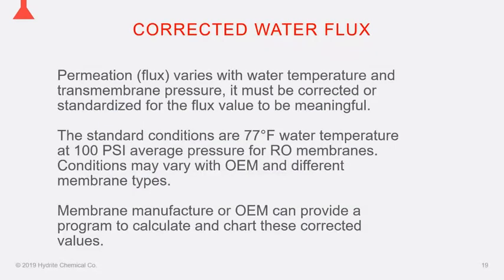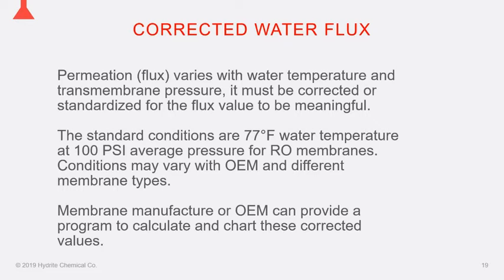If the programmer that made the system does not have temperature or pressure correction factors, and if those two parameters during the flux test can vary from day to day, generally you won't see the pressures vary unless we're having a pump issue.